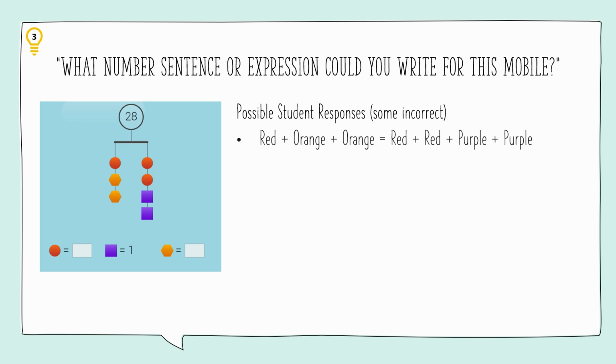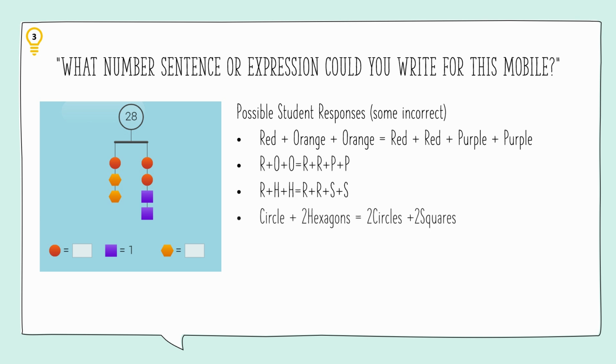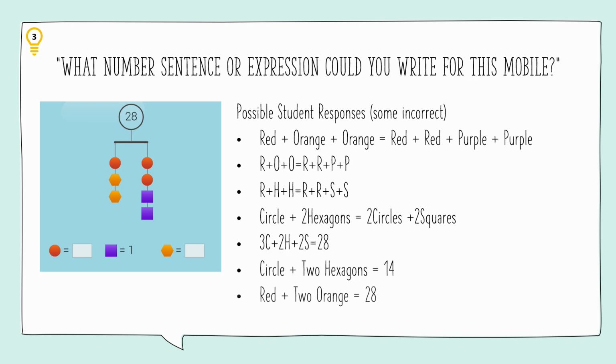You may have noticed that this shows a window into how students are starting to explore the representations of what is unknown and what is known, what is equal, and what can be combined into a short and more simplified form. For example, one student may write out 2 hexagons, while another says 2H. Any answer can allow for students to be sense makers and share their thinking.